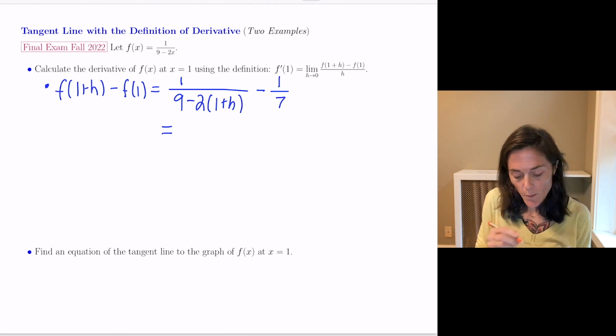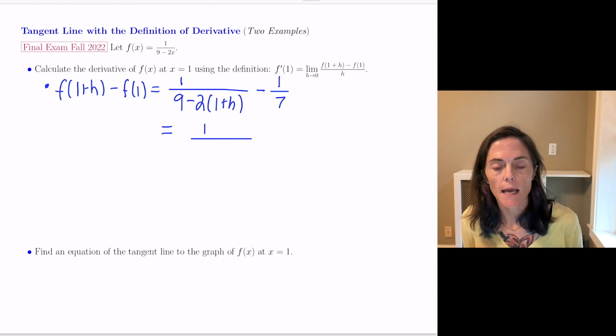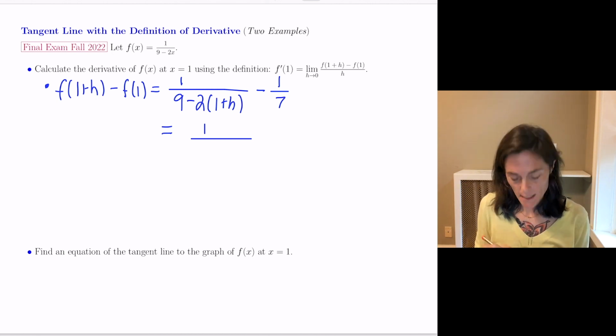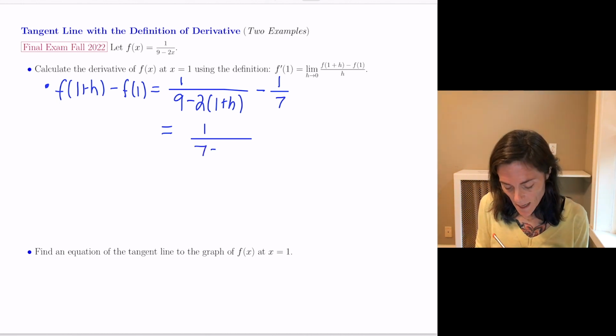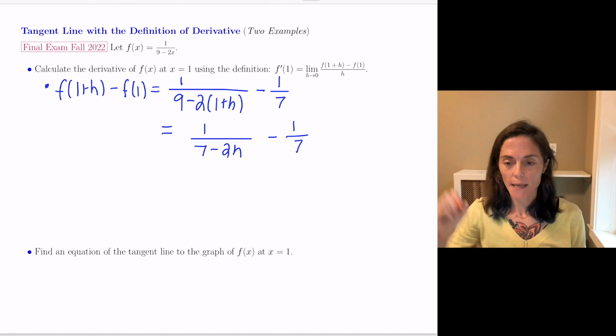I need to do a little bit of work on this first fraction. Altogether, you see I have 9 minus 2, which is 7, and then I have minus 2h. So 7 minus 2h, and then I'll leave this alone. My strategy on a question like this: get a common denominator.